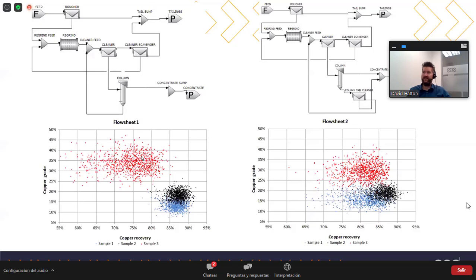Turns out this is our supergene ore, and yeah, it can get us very high grades, but it had a lot of copper in it, and so this column circuit just didn't have the capacity to get that flotation concentrate out, and we would lose recovery with that circuit without this increased capacity in our column tail cleaner. So that's just looking at 3 samples.